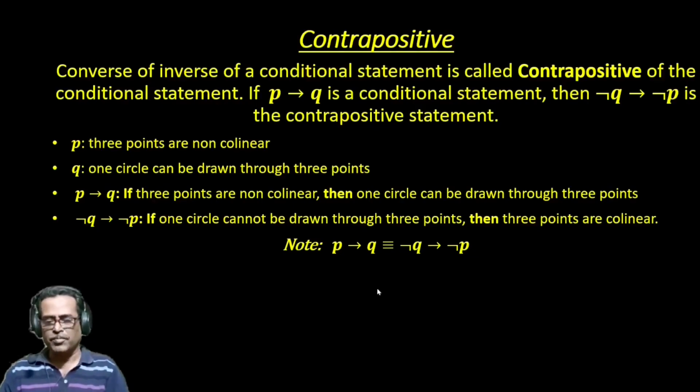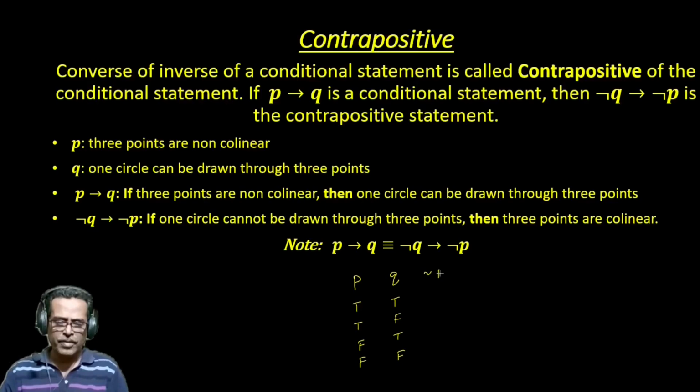If we prepare the truth table, then we can find it. Suppose P and Q: true, true, false, false, and true, false, true, false. Then not P: false, false, true, true. Not Q: false, true, false, true. P implies Q: true, false, true, true.